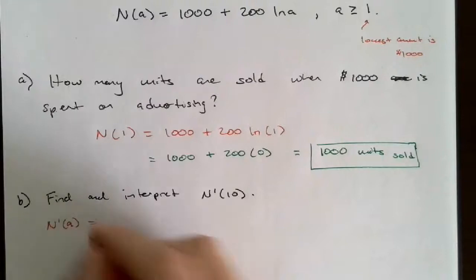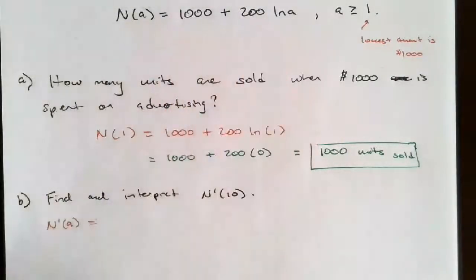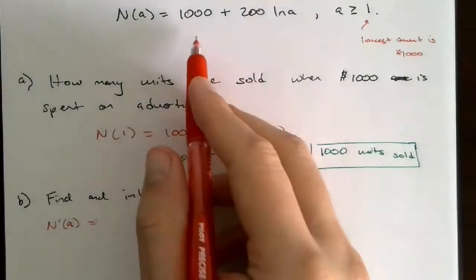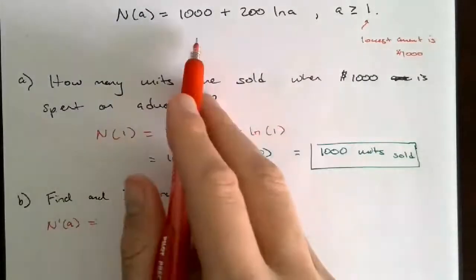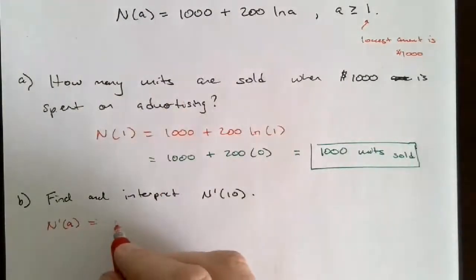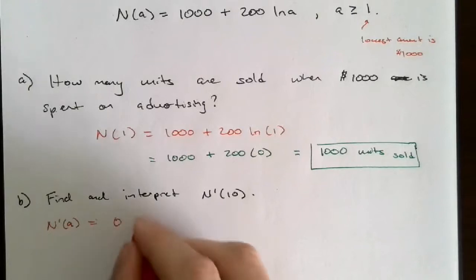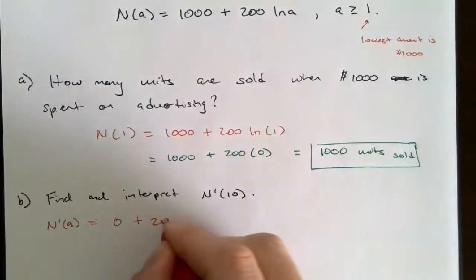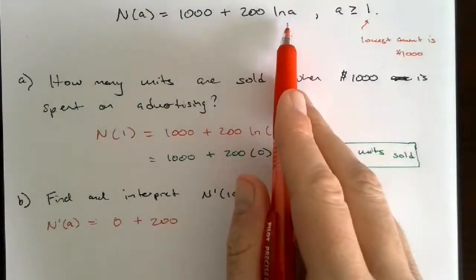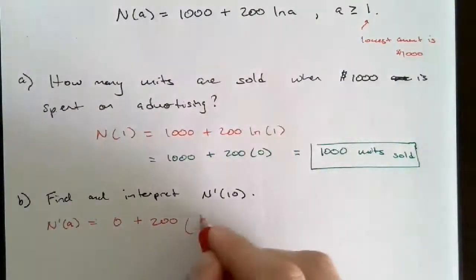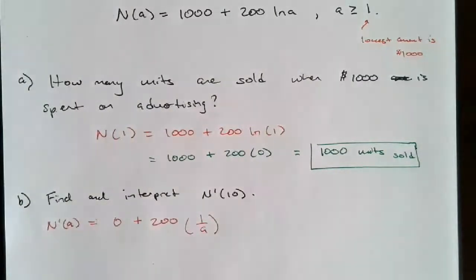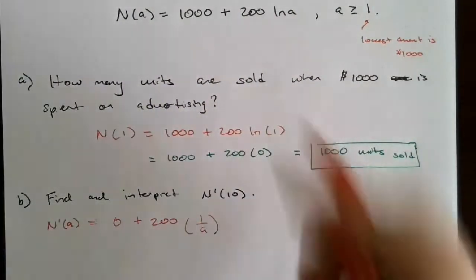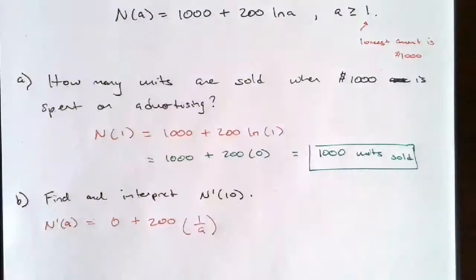Let's talk about finding the derivative. We've got the function right up here. We're going to do this term by term. The derivative of 1,000 will just be 0, plus the derivative of 200 ln A. It's a constant times a function, so the constant stays in front. What's the derivative of natural log of A? Well, the derivative of natural log of x would be 1 over x, so the derivative of natural log of A is 1 over A. You don't have to use a chain rule here because the function is just a single variable.